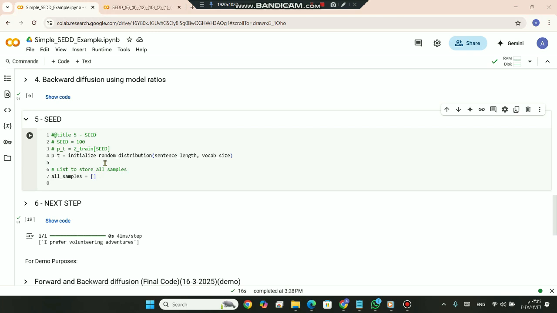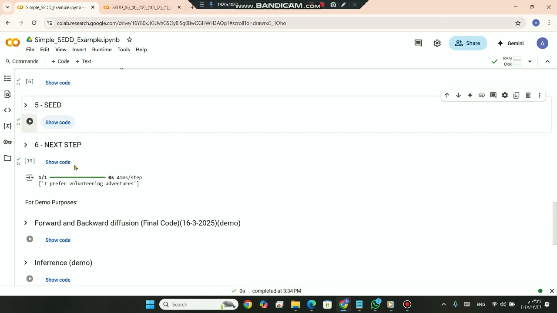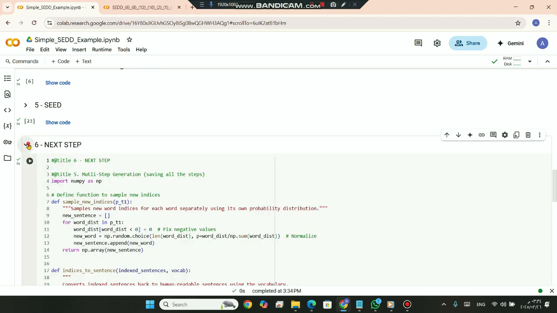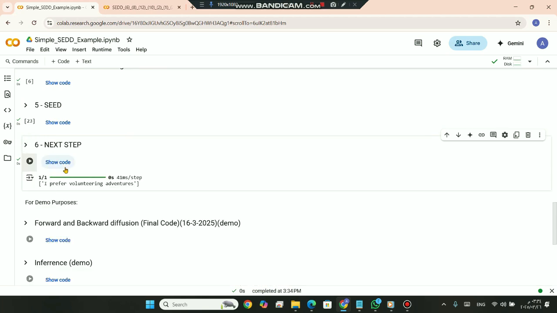All right, now let's generate something. This function over here will generate random probability distributions, and consequently a random initial sentence to begin with. It will be just a bunch of meaningless words. So we will run this cell, and every time we run this cell, it will move one step backward.